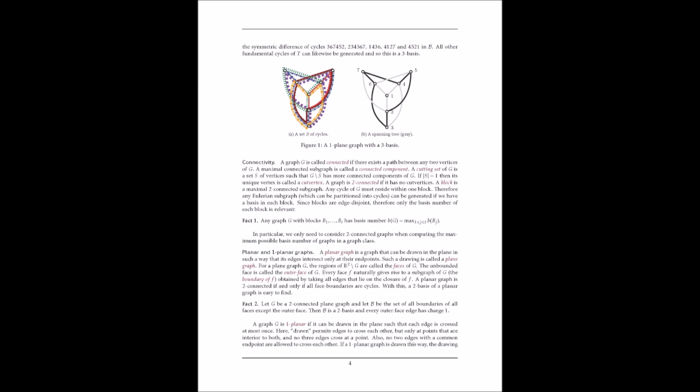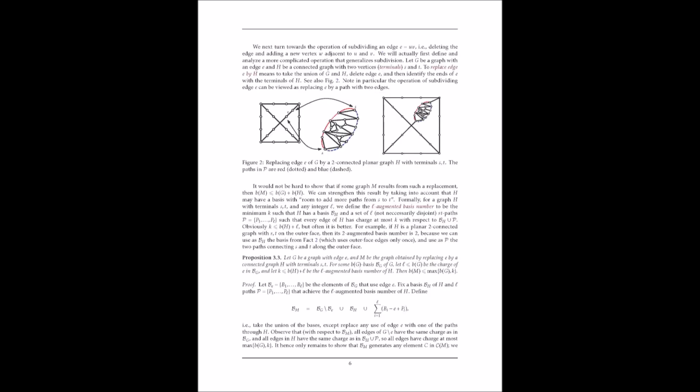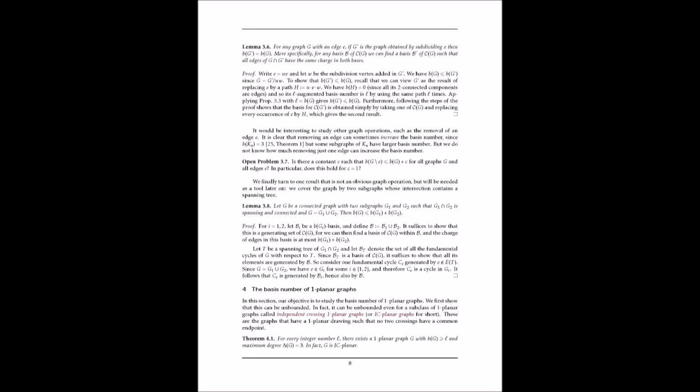Remember, we want to limit the charge on each edge, which means controlling how many cycles from the basis use that edge. We don't want any edge getting overworked by being part of too many basis cycles. Exactly. So we're looking for a special basis for each poppy that keeps the edge charge low. And the authors prove that we can always find such a basis for any poppy.